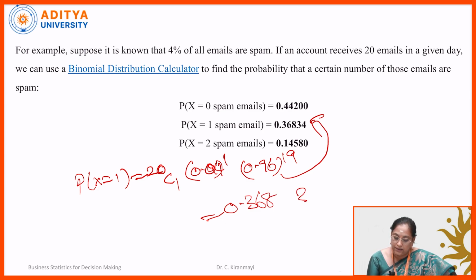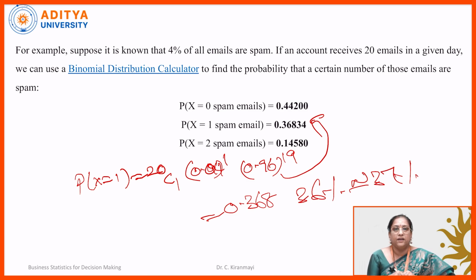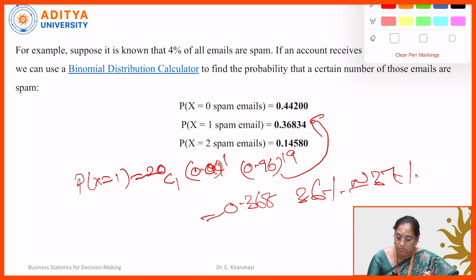So, that is 36% or approximately 37%. Therefore, there is a 37% chance that out of 20, one mail is a spam mail. So, this is another way how we can calculate the binomial probabilities.